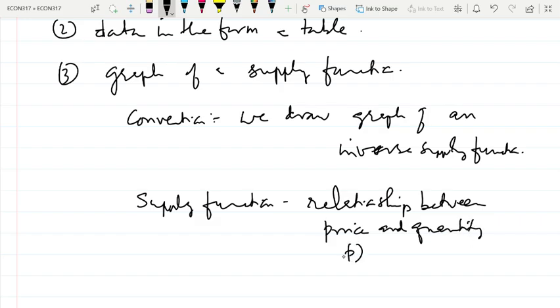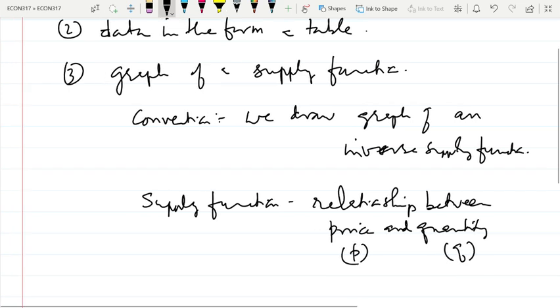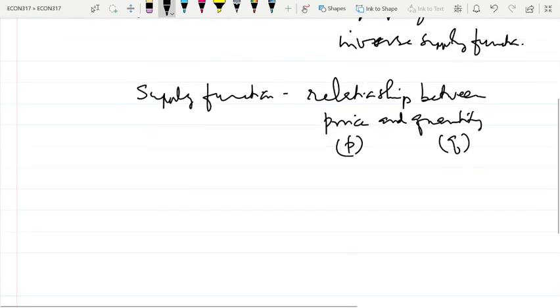I will use the notation P for price, Q for quantity, and we will consider an example.